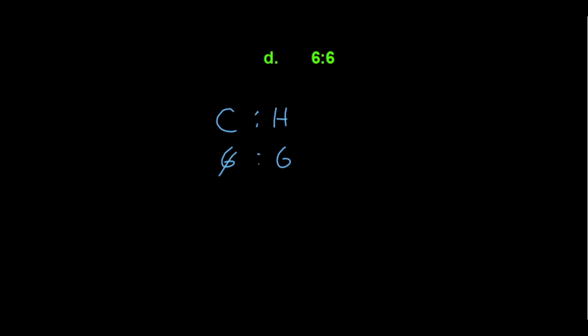We simplify this ratio. 6 ones are 6, 6 ones are 6. So what is the simplest whole number ratio? 1:1. That's why the empirical formula for this compound is CH, in which carbon and hydrogen are present in the ratio of 1:1. I hope these questions are clear to you.